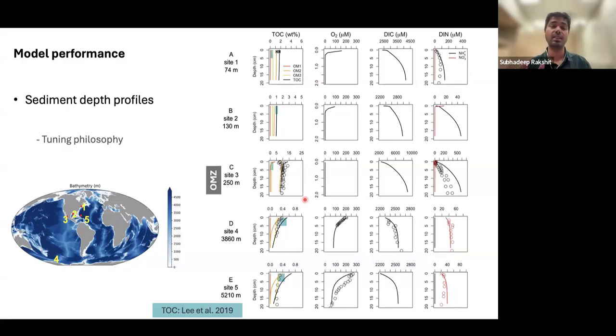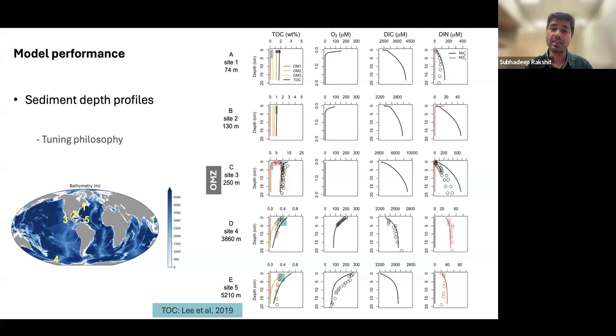Essentially, this is slowing down the decay of the organic matter with different electron acceptors as the respiration pathway. You can see the organic matter 1, the fast decaying portion, essentially gets degraded even in an oxygen minimum zone.